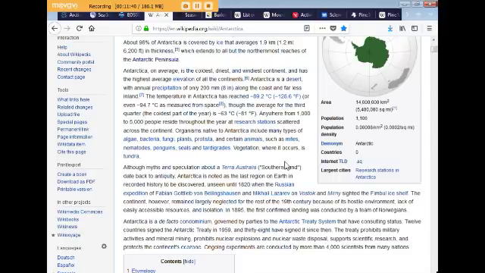The temperature in Antarctica has reached minus 89.2 degrees centigrade or Celsius, or minus 128.6 degrees Fahrenheit, or even minus 94.7 degrees Celsius as measured from space, though the average for the third quarter, the coldest part of the year, is minus 63 degrees Celsius and minus 81 degrees Fahrenheit.